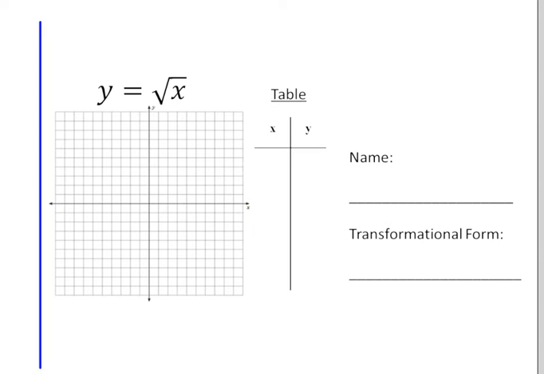Our third mother function is a square root function. We're going to use the same -2, -1, 0, 1, and 2. Now, if I did try to use these, I would end up with some pretty funky numbers. First off, we cannot square root a -2 or a -1.